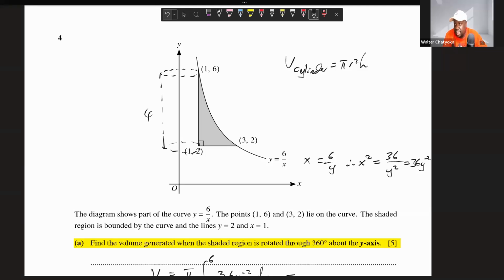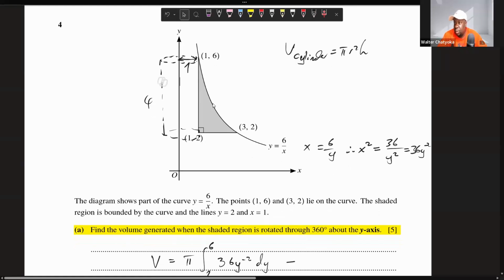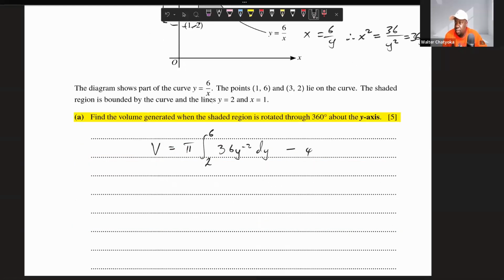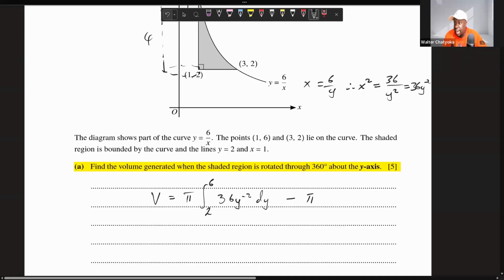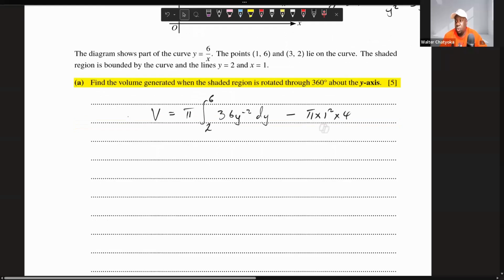The radius is 1. So it's pi times 1 squared times the height, which is 4. So that's how we're going to find the required volume.